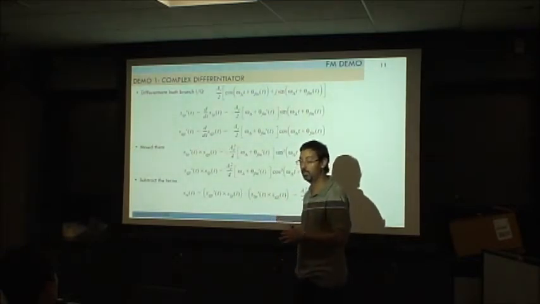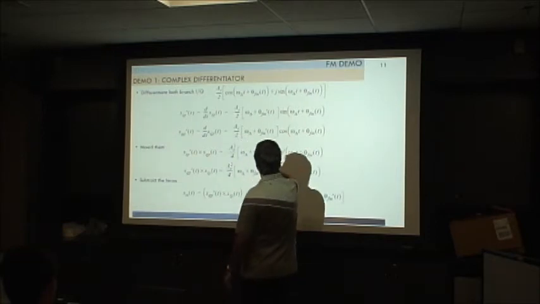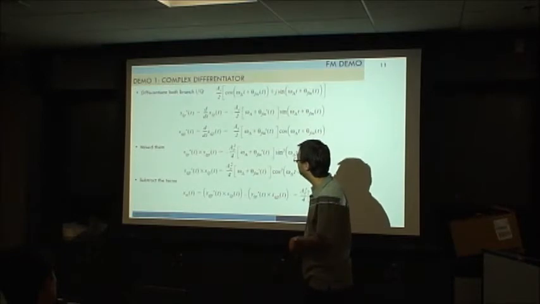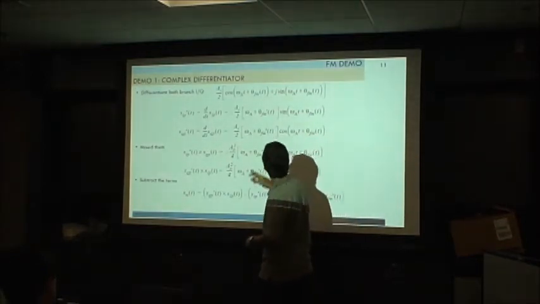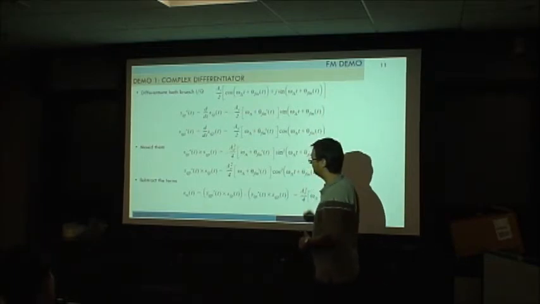After receiving at the output here, you will have that kind of signal, okay? So let's see. We take the derivative of, let's say, the I branch and the Q branch. Okay, so if we make the derivative of that, we get this and this.